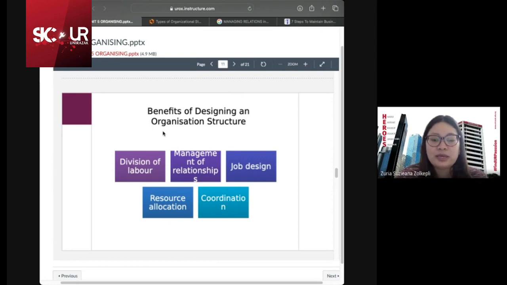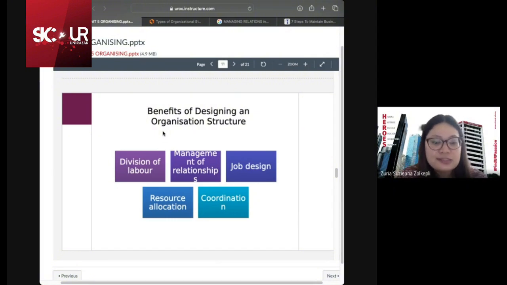Under job design, I think, if I'm not mistaken, we have five other characteristics under it, like job autonomy, role, and so on. Okay, so you need to determine this in order for your employees to get better acquainted with their job.